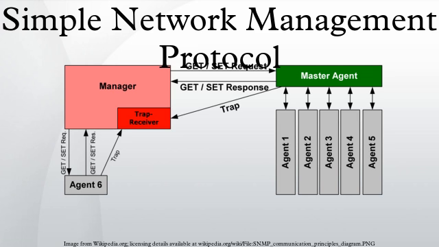for SNMPv2. RFC 1908, Coexistence between version 1 and version 2 of the Internet Standard Network Management Framework. RFC 2570, Introduction to version 3 of the Internet Standard Network Management Framework. RFC 2578, Structure of Management Information version 2.